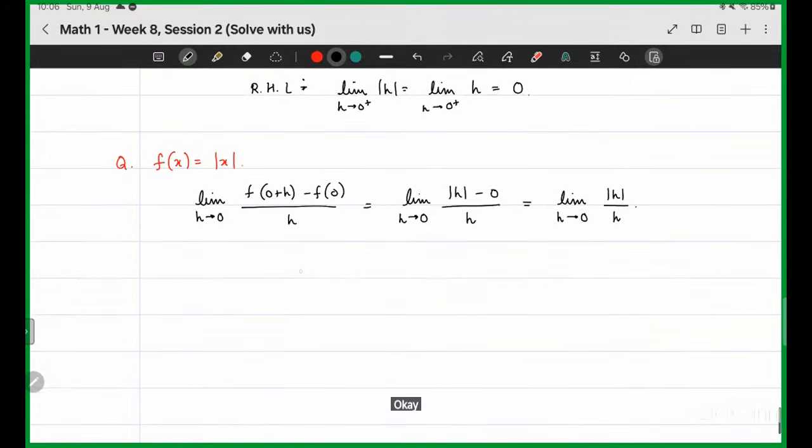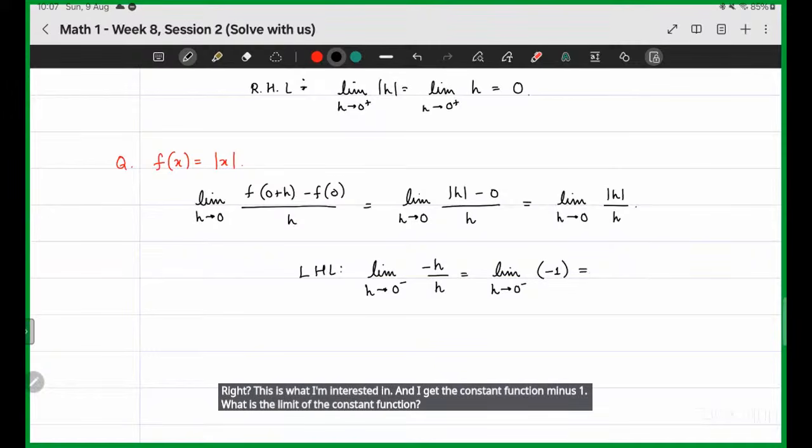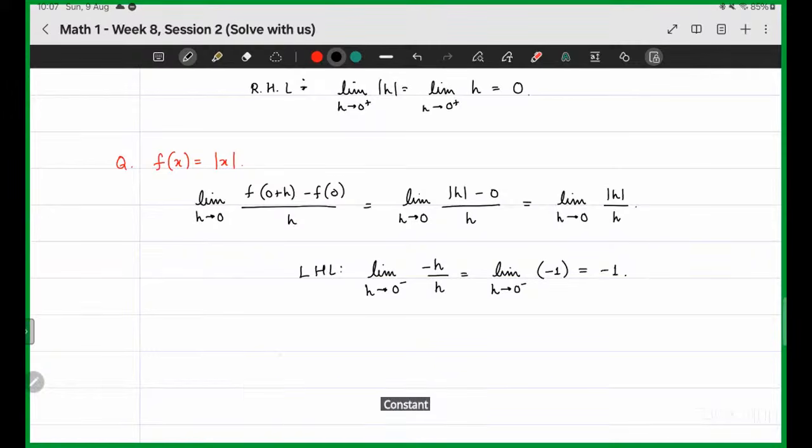Okay, now let us look at the left hand limit and right hand limit. When I am to the left of 0, what is the nature of mod h? Minus h by h, right? This is what I'm interested in. And I get the constant function -1. What is the limit of the constant function? The constant itself.